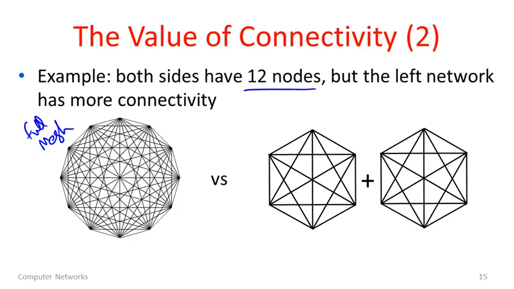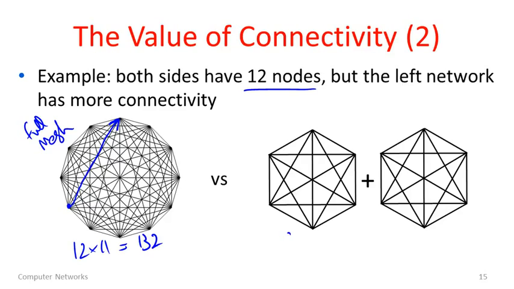We think about the number of connections in it. Well, from each node, there are 12 of them, we can connect to up to 11 other nodes. Here's one connection here. This is like a unidirectional connection from one node to another. If we consider that, then we have 12 times 11. That's 132 different connections on the left-hand side. On the right-hand side, we have two 6-node networks.